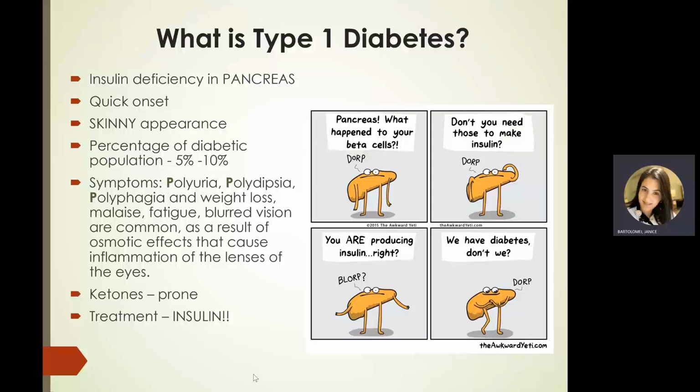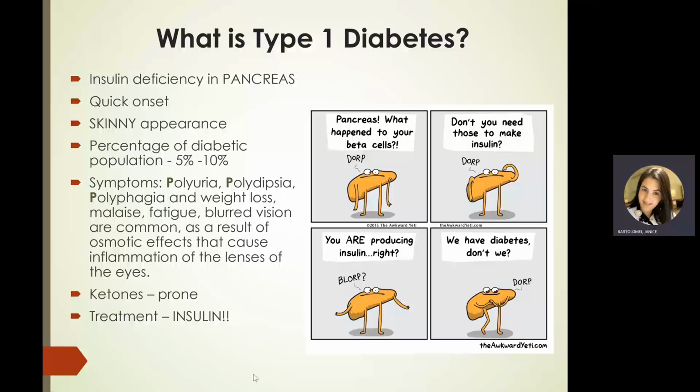The onset is very quick. With a non-working pancreas not producing insulin, you're going to catch it fairly early in your years of life. People might be diagnosed when they are kids or very young adults, but usually it's in adolescence and childhood.